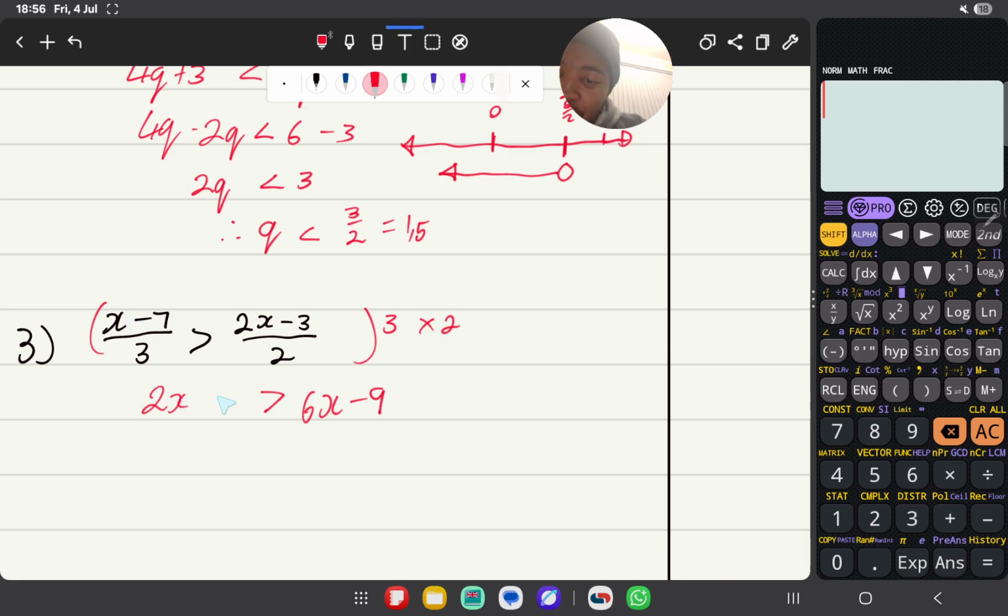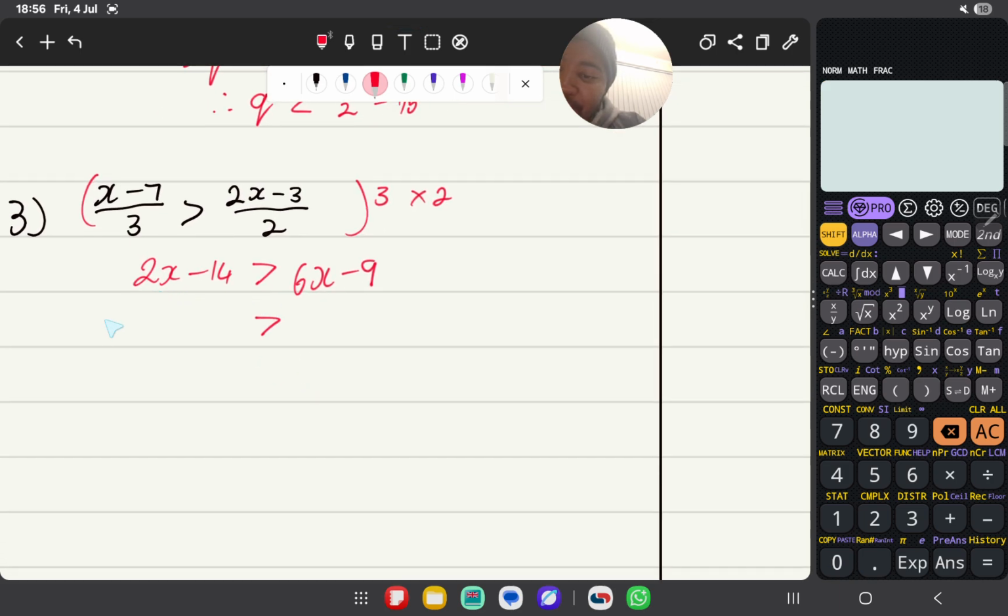We have 2x minus 14, and then 2x minus 6x, 14 minus 9, I have 5, and then I have minus 4x divided by minus 4, then x is going to be greater than minus 5 over 4.